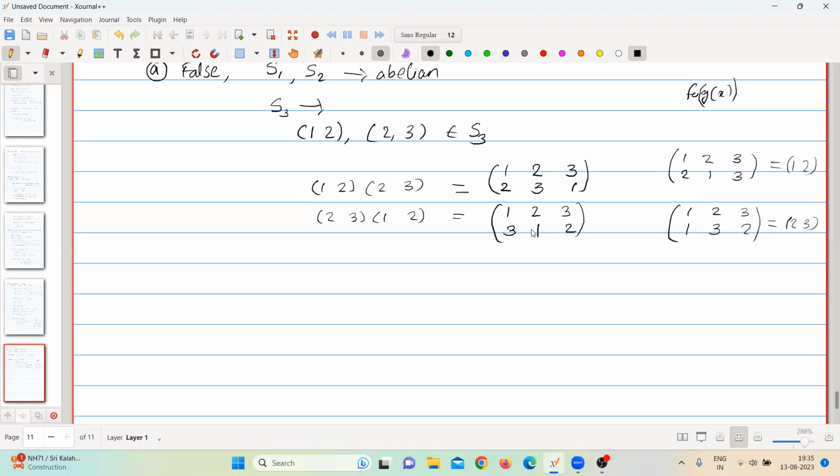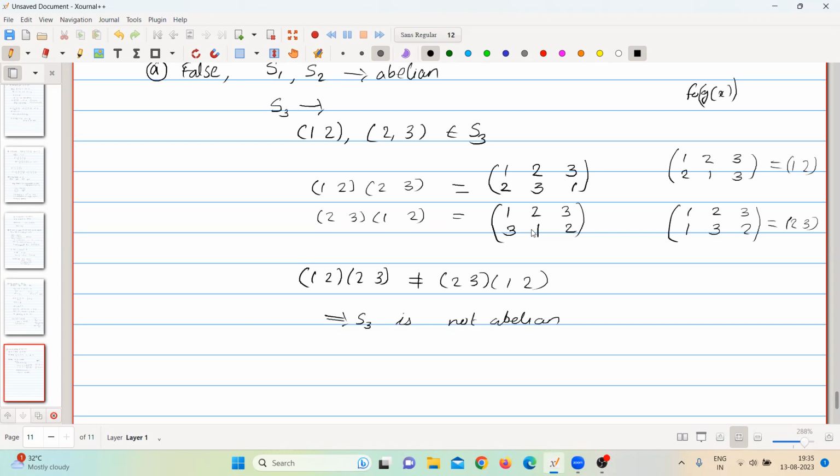So (1 2)(2 3) is not equal to (2 3)(1 2). That implies S3 is not abelian. So we got two elements in S3 which are not commutative.